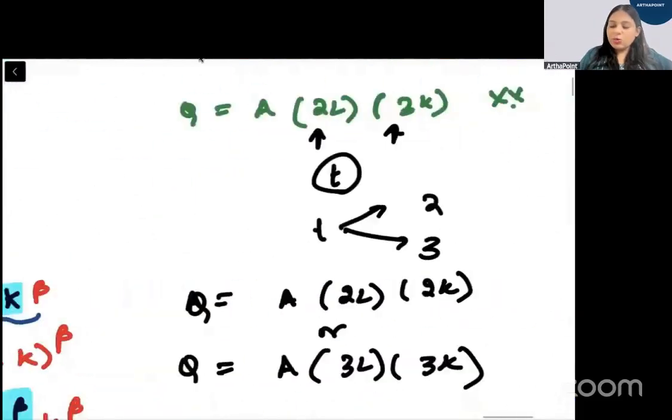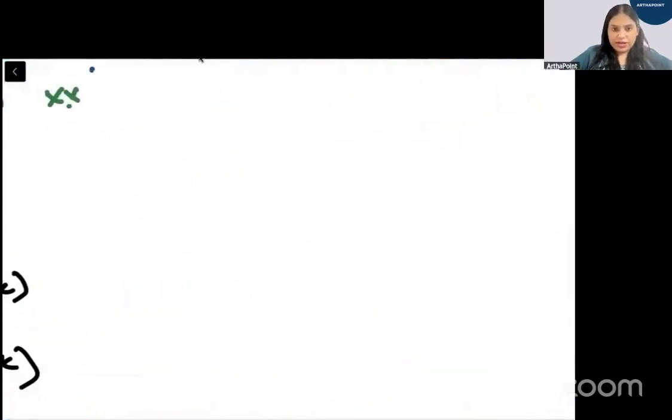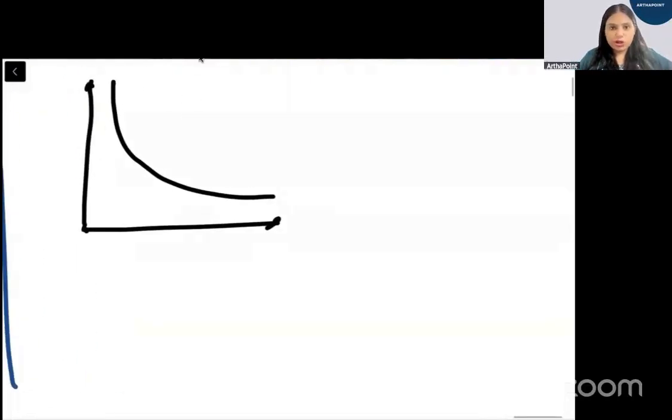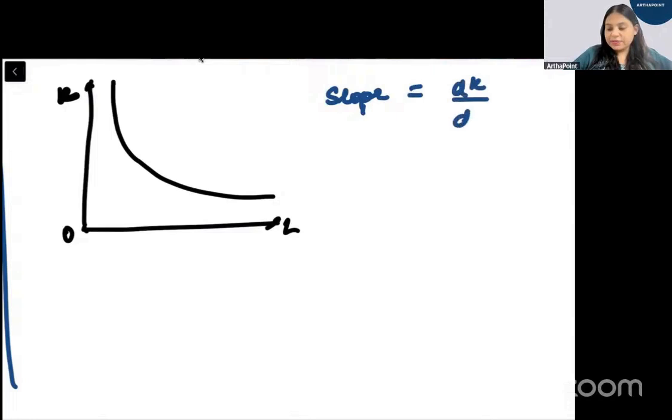So now we understand that we are talking about a well-defined production function, and a well-defined production function looks something like this. This is how my Cobb-Douglas production function looks. Here I have labor and here I have capital. Now the slope of this well-defined production function, of this Cobb-Douglas production function, is dk by dl. We talked about this in the last class. And if we look here, we can find the slope at any point by drawing a tangent line to it.